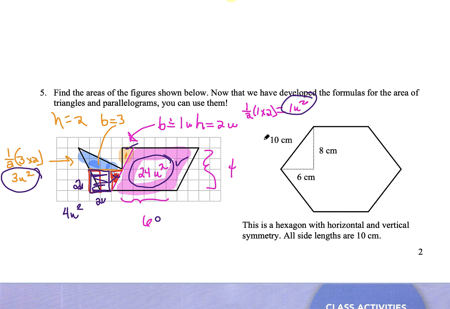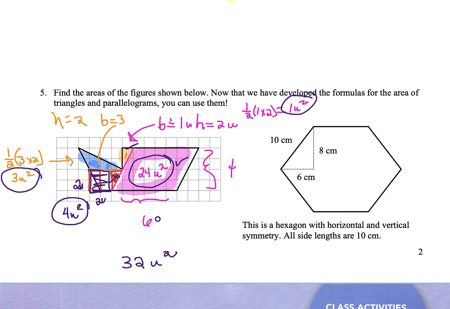So we've got 24, 25, 28, and then this square, which is 4 square units. So we've got 24, 25, 28, and then 32 square units. Okay, well, does that make sense?